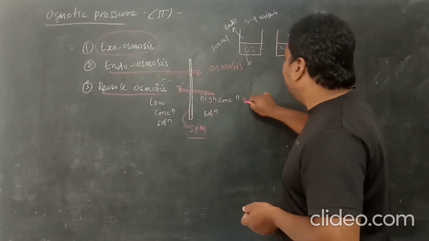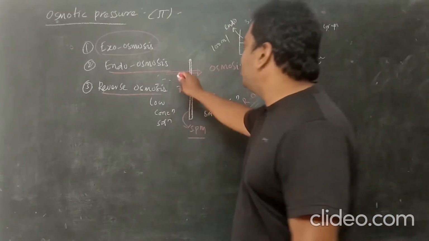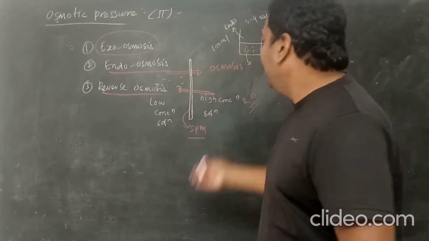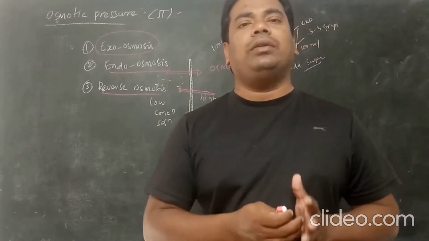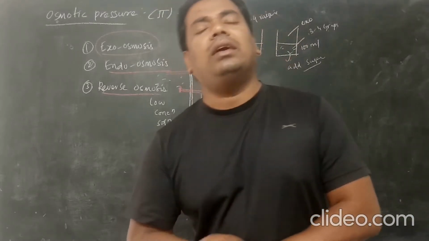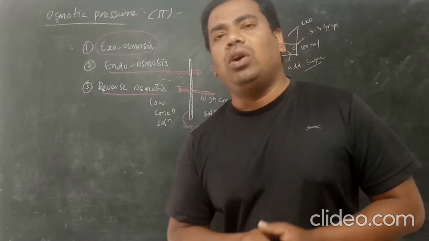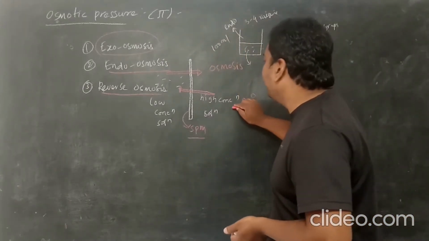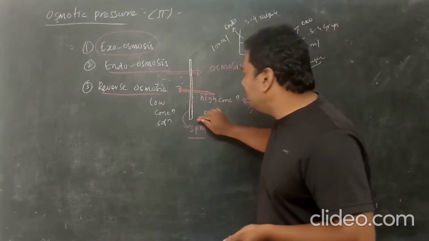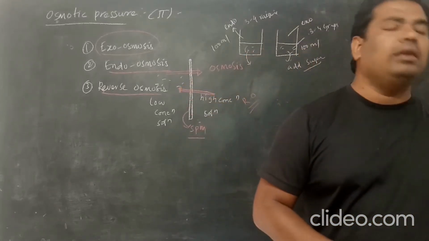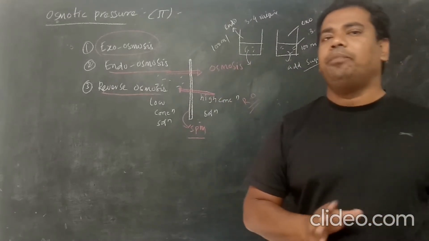This is the RO process, completely reversed to the osmosis process. So if we apply high pressure greater than the osmotic pressure, the flow of solvent molecules from high concentration solution to low concentration solution through a semi-permeable membrane is called the reverse osmosis process. Okay, clear, student?